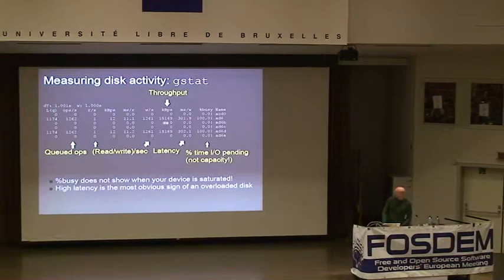And the interesting statistic here for determining whether a disk is overloaded is not the last column as you might expect, but it's actually the milliseconds per read and milliseconds per write stats, which tell you how long, on average, the operation took to succeed.